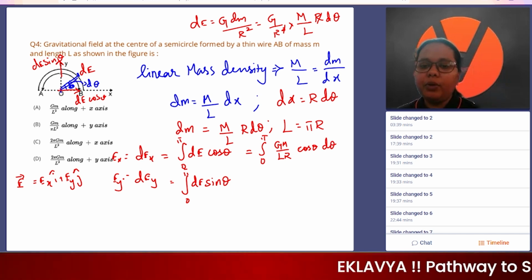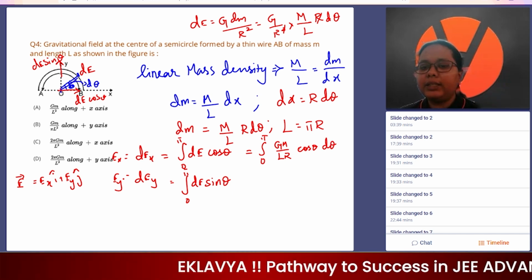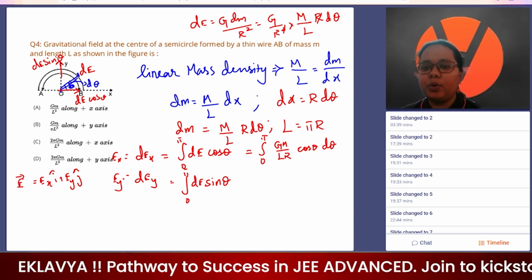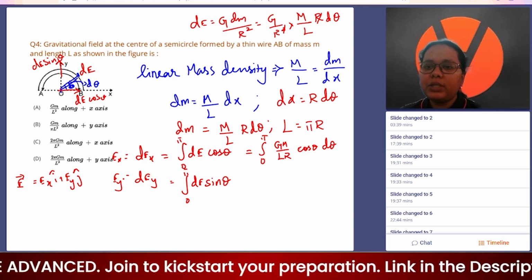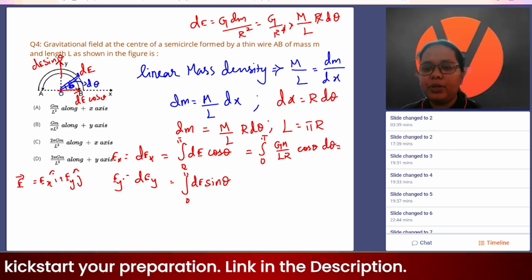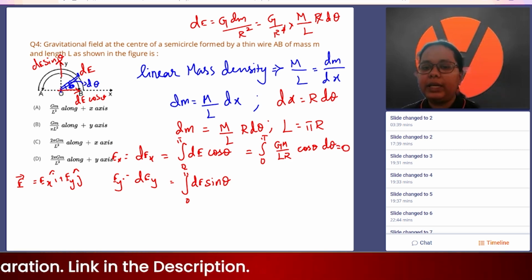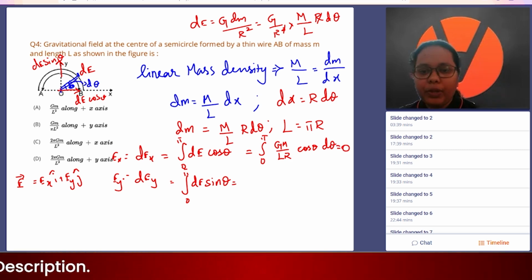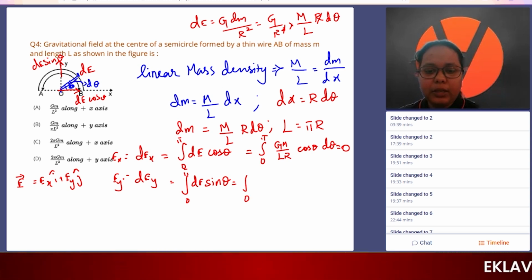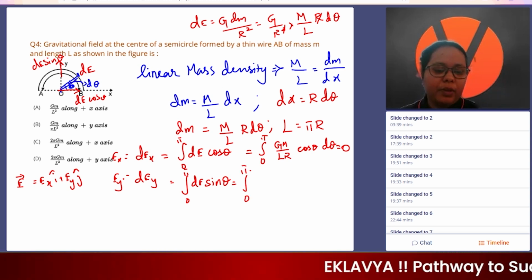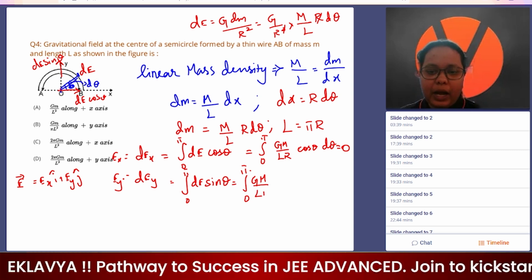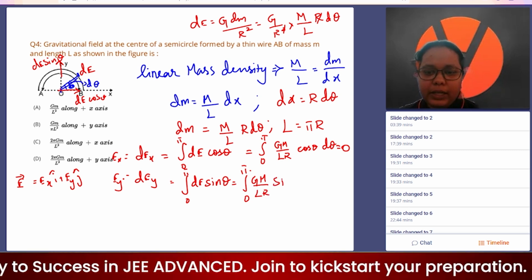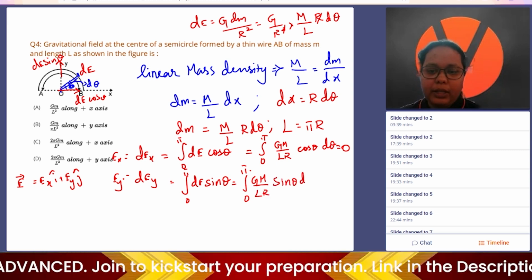Integrating cos theta from 0 to pi, you get a function in terms of sine, and sine 180 and sine 0 are both 0. So the dEx value will be 0. Now for the y component, it is the integral from 0 to pi of GM by LR sin theta d theta.